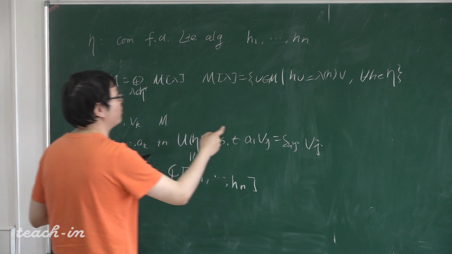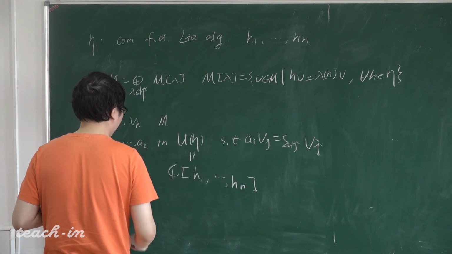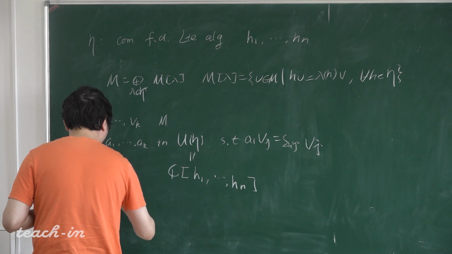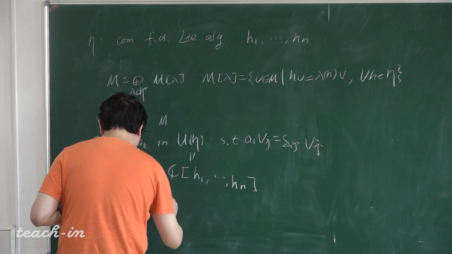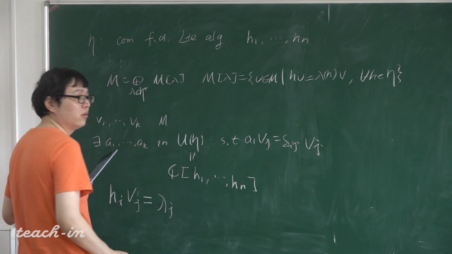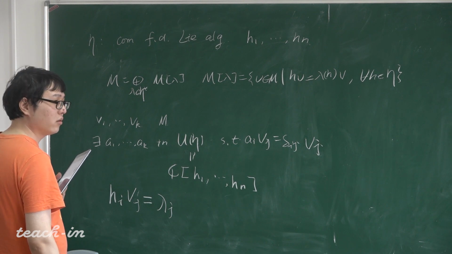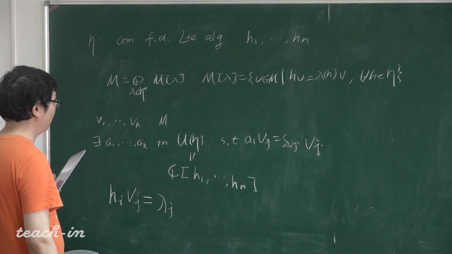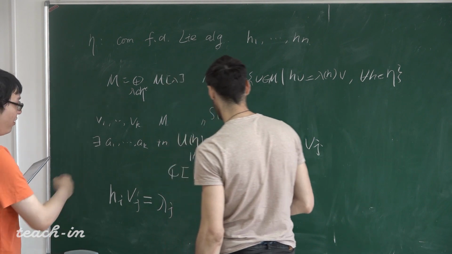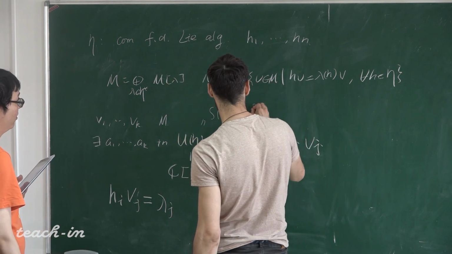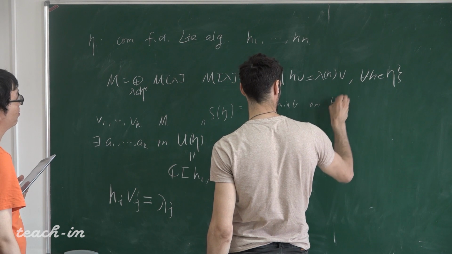According to these, we have H_i. In less invariant terms, this is also S(H), the symmetric algebra, which is the polynomials on H star.